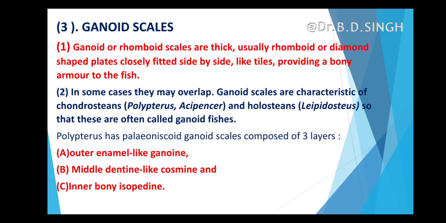Ganoid scales are characteristic of fishes such as Polypterus, Acipenser, and holosteans. Lepidosteus shows these, and they are often called ganoid fishes.